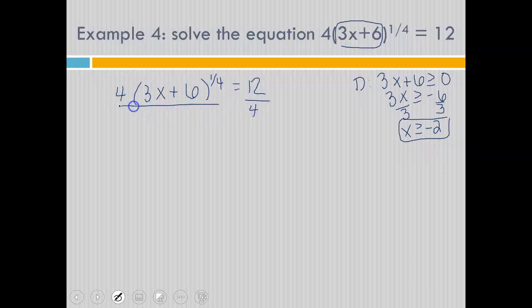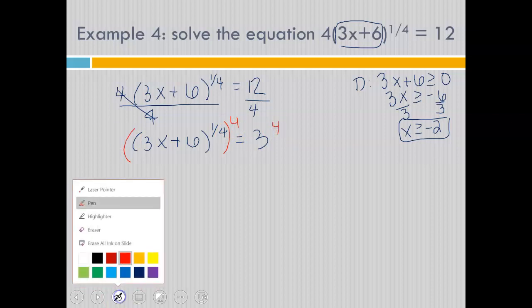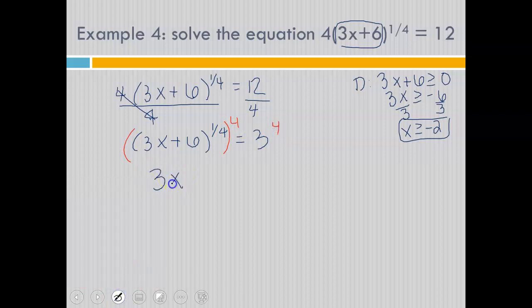We're going to isolate and then take our power. So if we have the 4th root, we're going to raise both sides to the 4th power and solve for the variable.